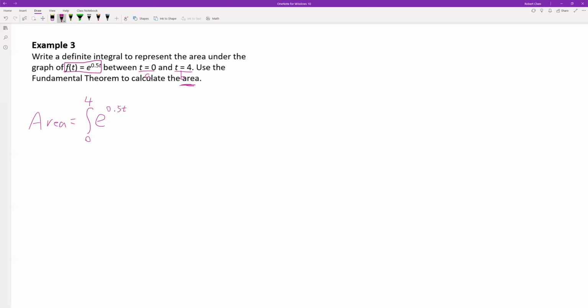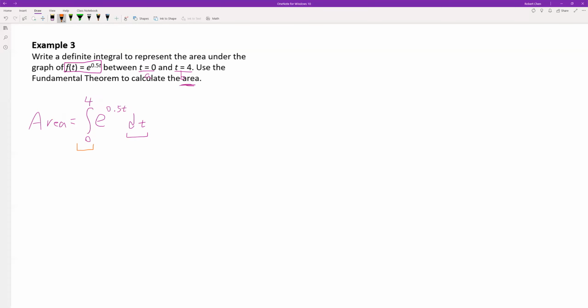And since in this case the independent variable is t, we need to add the dt. Even though the dt is just a symbol, it's still very important because this expression represents the end of the integral. You can think about this.